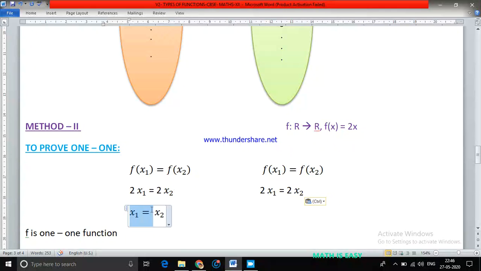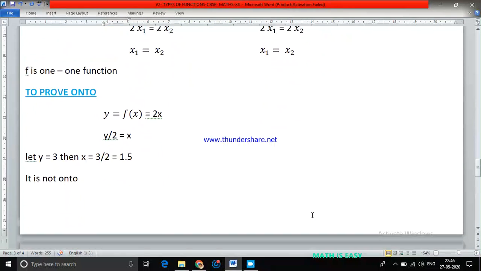Then x1 equals x2, because the 2 and 2 will get cancelled. So even if it is a real number, the process remains the same. It is one-one function. So here I concluded that f is one-one.